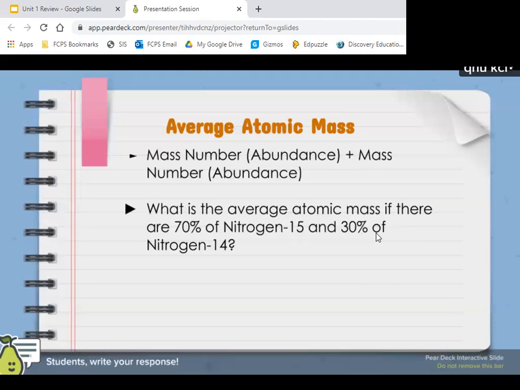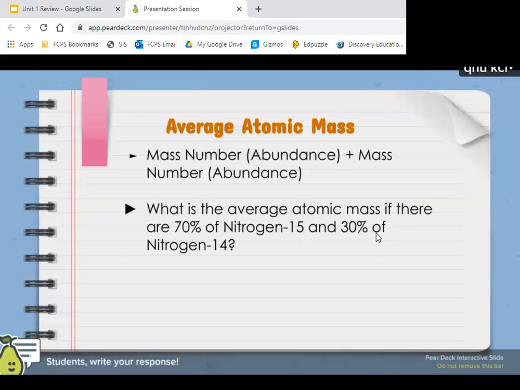Okay, so that's the first one, and then you add those two. You just have to make the percentages into decimals and multiply the first mass number by its decimal and the second one by its decimal. So you take it to decimal from the percentage.